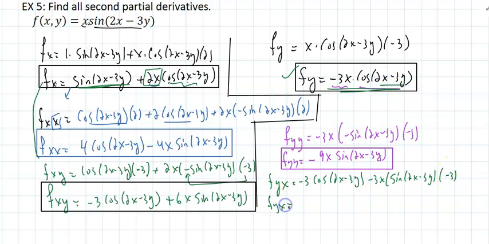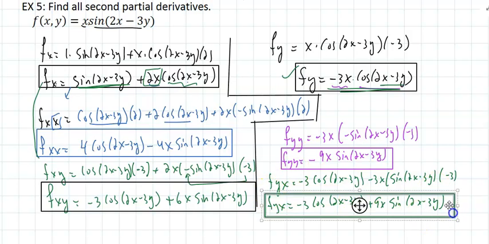So f sub yx would be, what would that be? That would be negative 3 the cosine of 2x minus 3y plus, something is not right. What did I mess up on? That would be a 9x times the sine of 2x minus 3y. There's a mistake. Let me find it really quick.